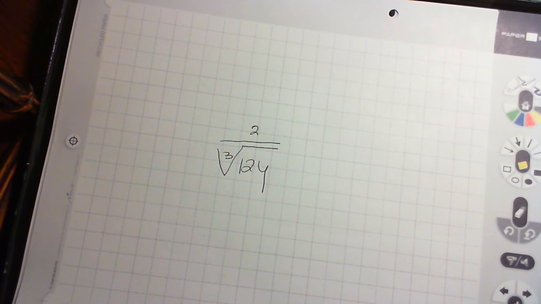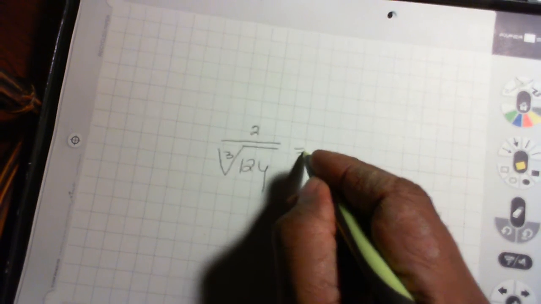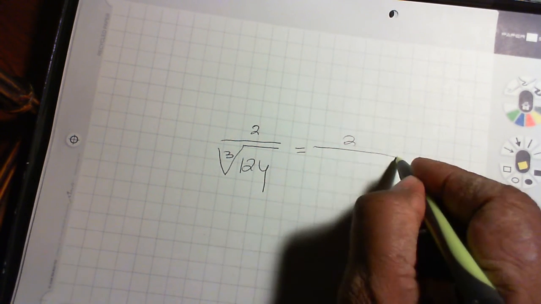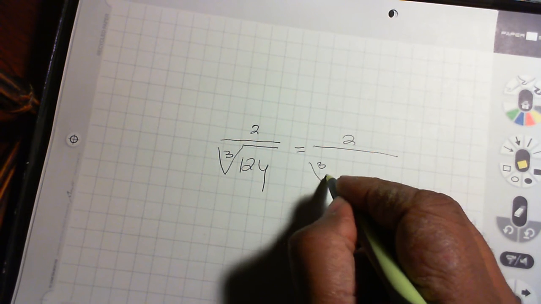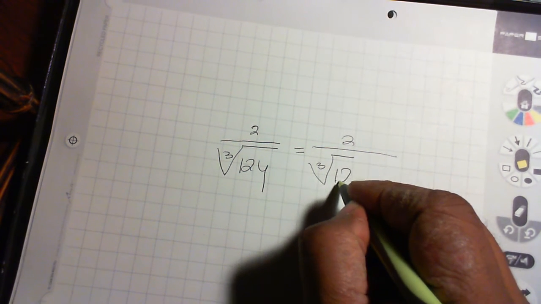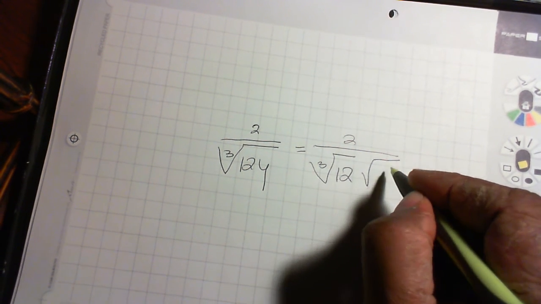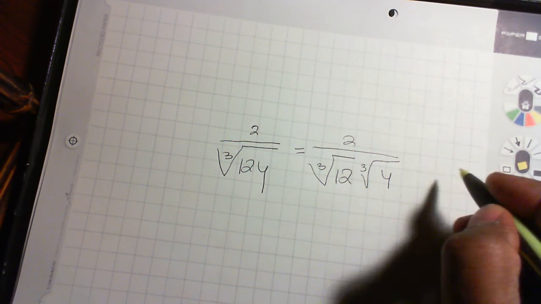What do you multiply y by to be able to take the cube root of y and get rid of the radical? Okay, let me rephrase this. I think I may have confused you here, but here we go. So we have the cube root of 12 and the cube root of y.